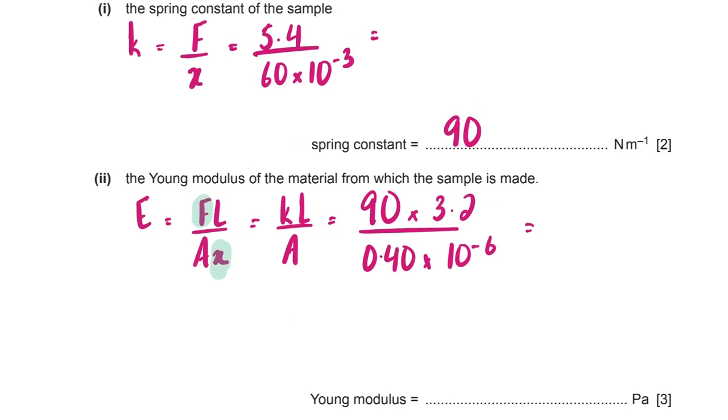So let's do this together. 90 into 3.2 over 0.4 into 10 to the negative 6. This turns out to be 7.2 into 10 to the 8 pascals.